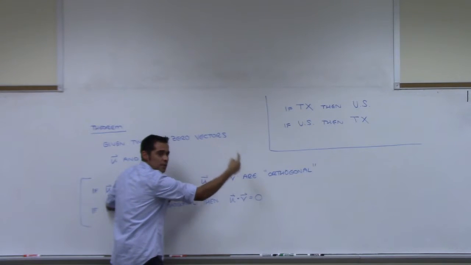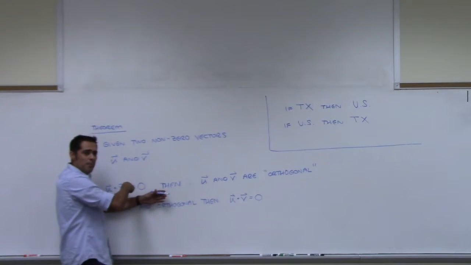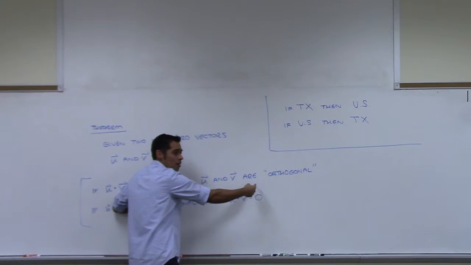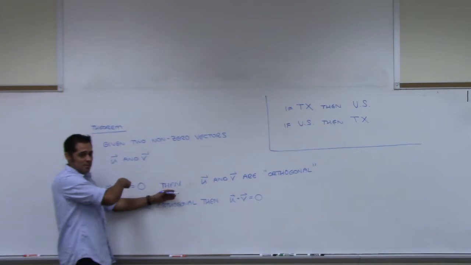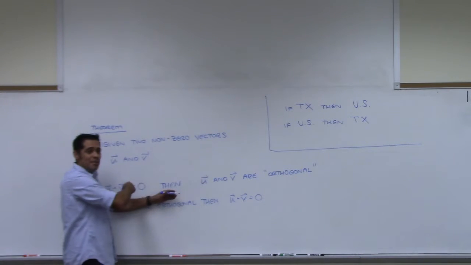Does that mean that if you're in pre-calculus, you're in my class? No, right? This statement says if the dot product is 0, then you must be orthogonal. But that doesn't mean that if you're orthogonal, the dot product has to be 0. There might be some vectors out there that are orthogonal where their dot product is not 0.